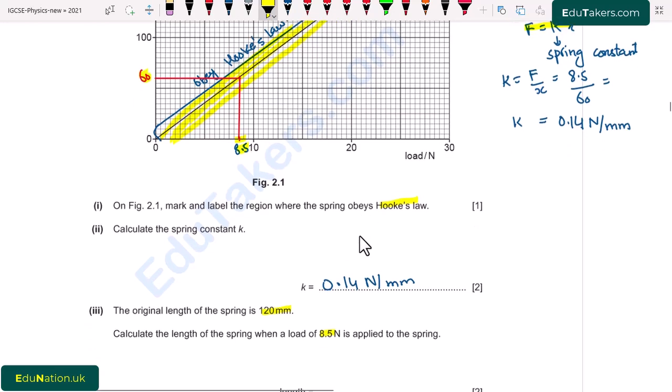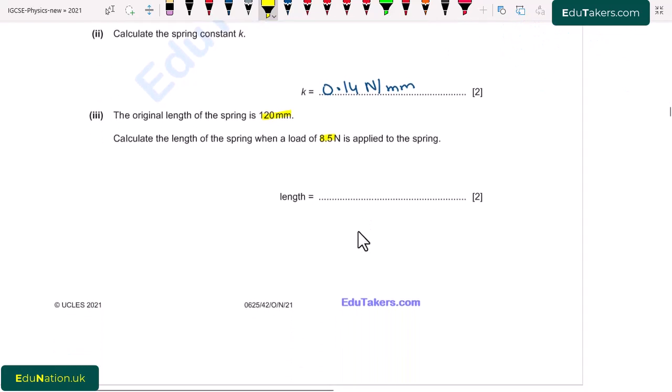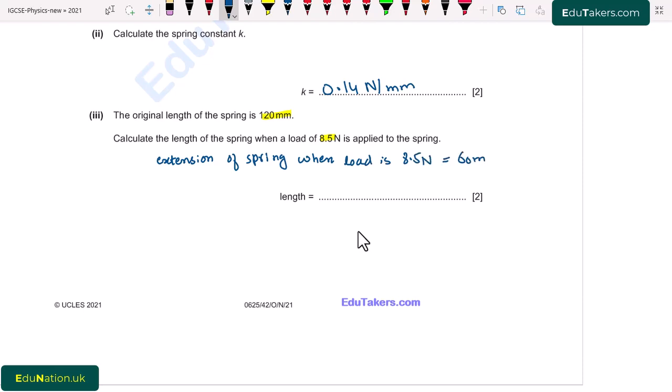So I write here extension of spring when load is equal to 8.5 Newton. So its corresponding extension is 60 millimeter. And we are also given the original length of the spring, that is 120 millimeter.